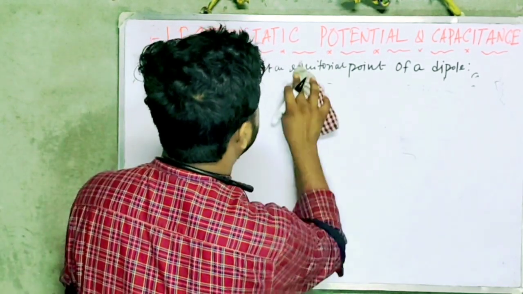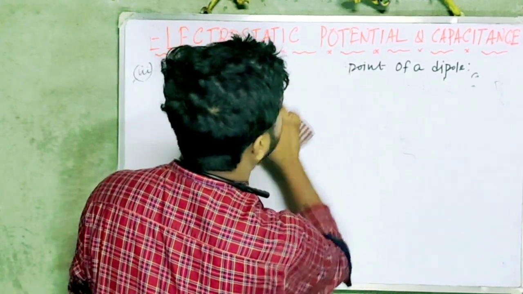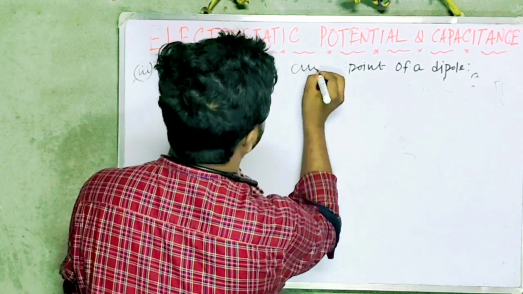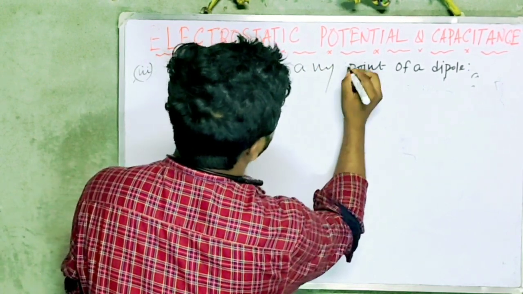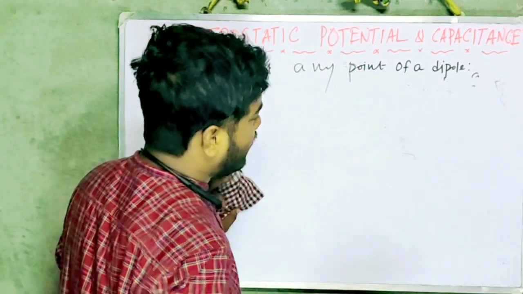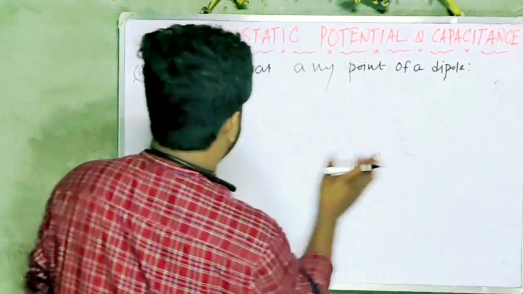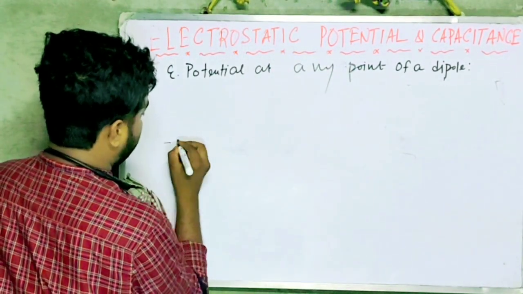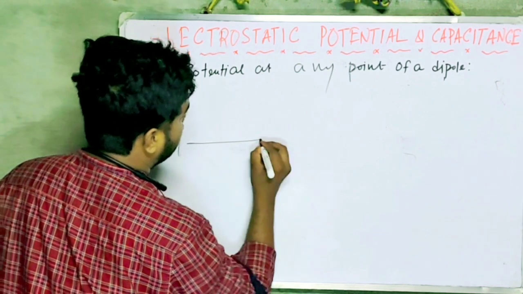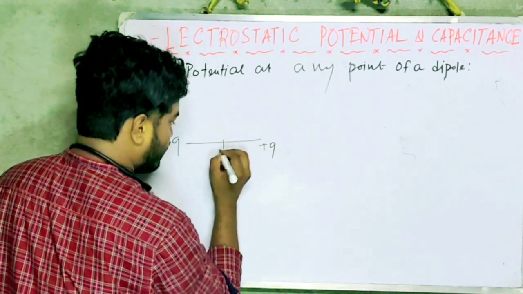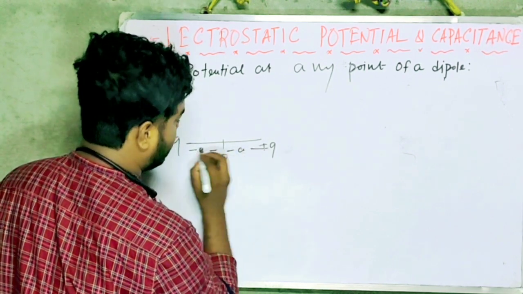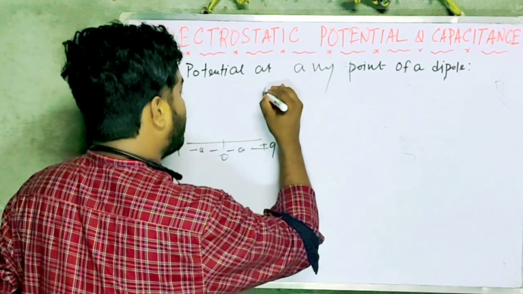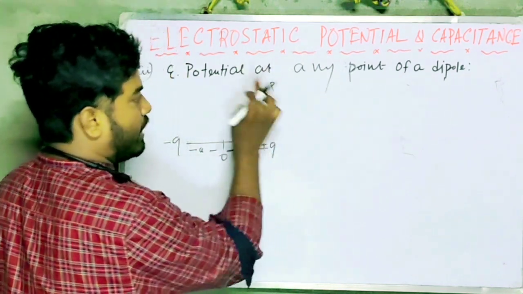Suppose there is minus Q and there is plus Q, separation A, total separation 2A, and we have to calculate electric potential at this point.